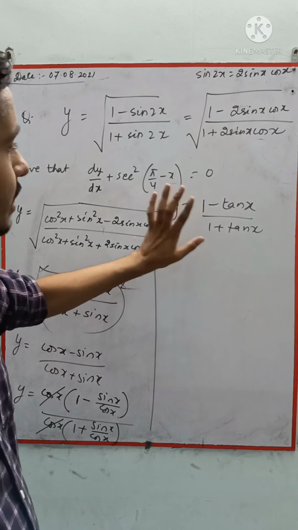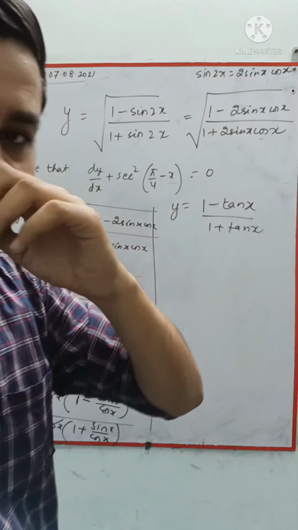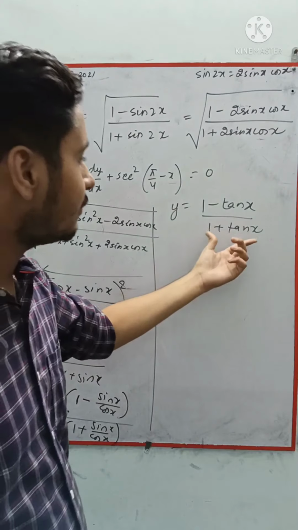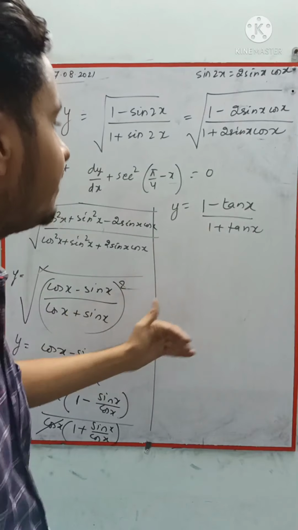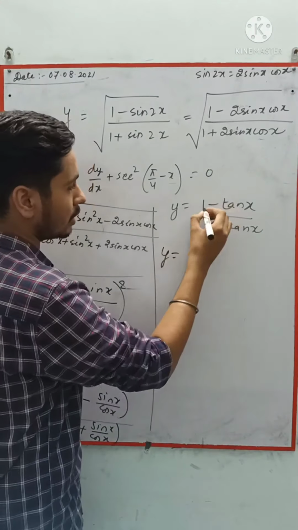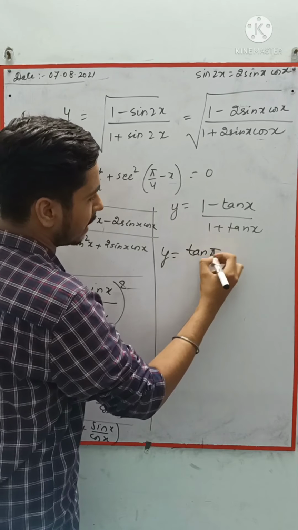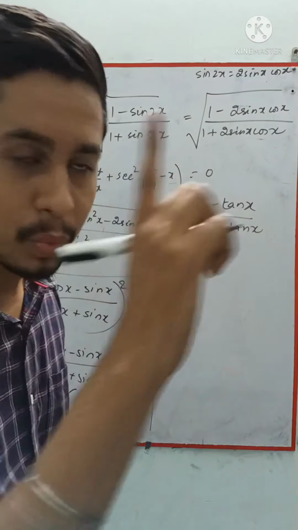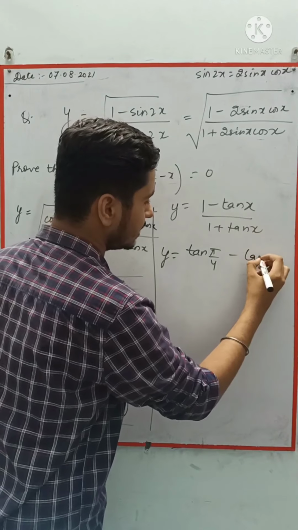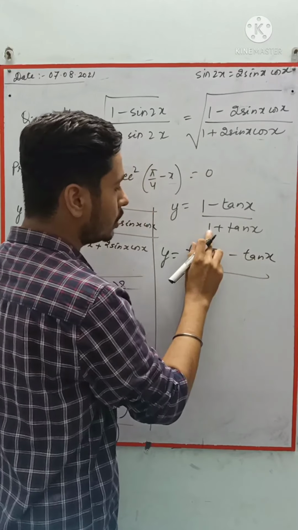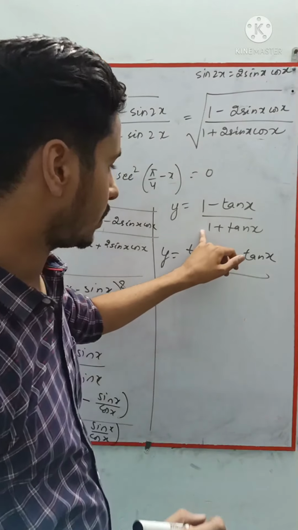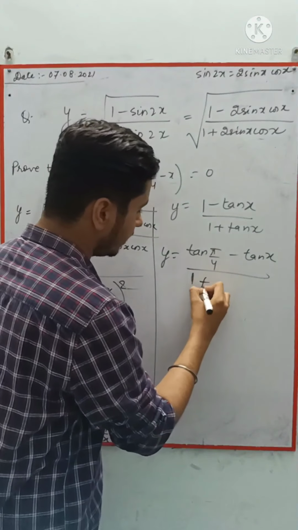Now this is an identity. Actually we have to mold it into the identity, then only we can say. So see how. Can we write this 1 as tan pi by 4 because tan 45 is 1? This tan x as it is. Don't do anything with this 1, keep it 1 only. Plus tan x.